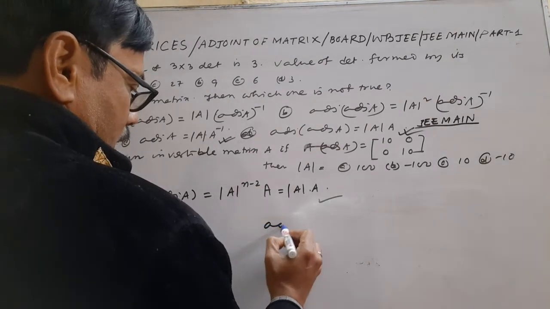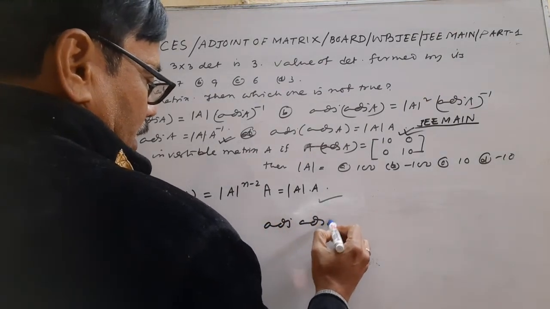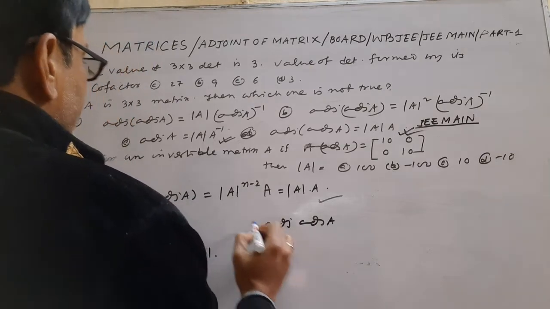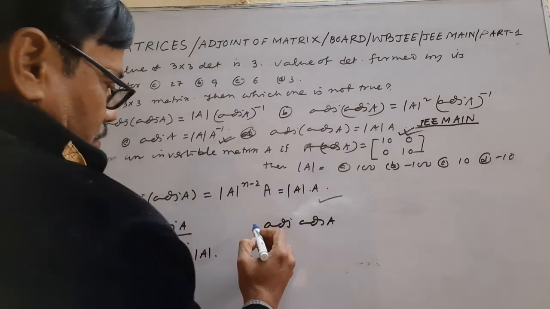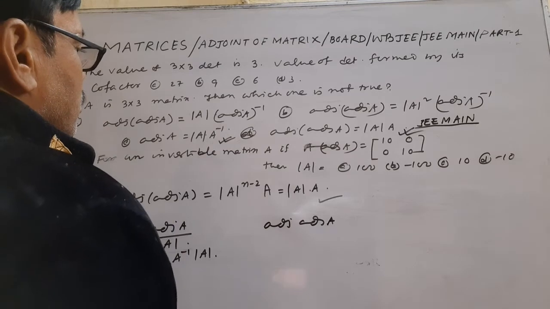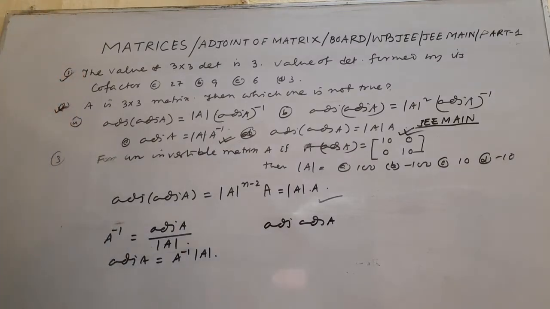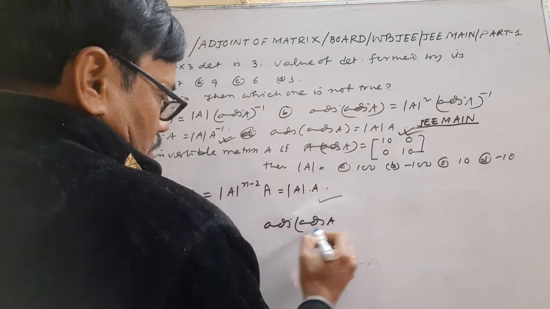Now, adjoint of adjoint A. So the first one equals, we know a property.